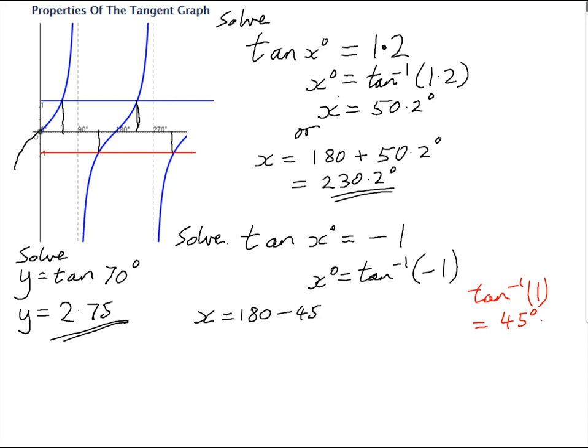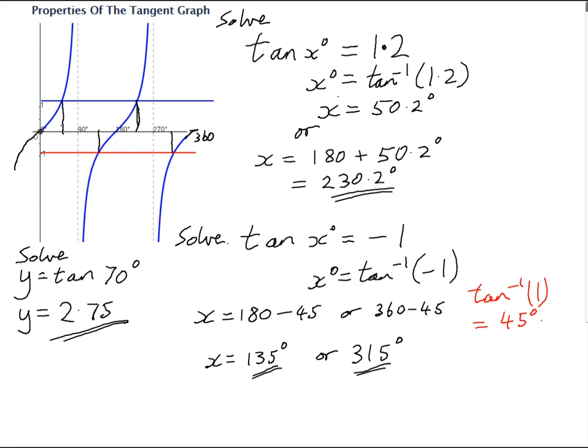And then the second one is going to be 360 minus 45. That should carry on there to 360. So 360 minus 45 is your other one. So that means that x equals 135 degrees or 315 degrees.